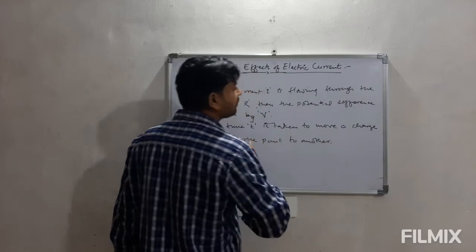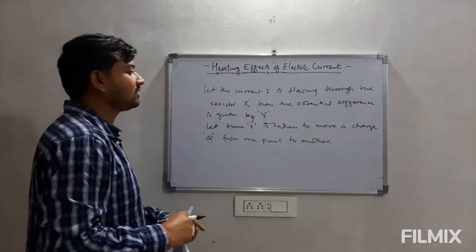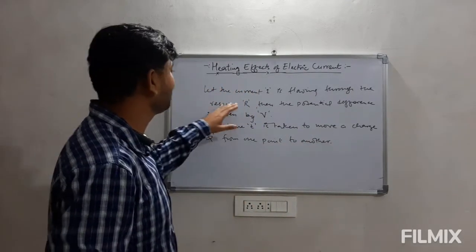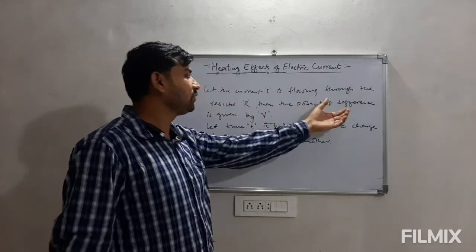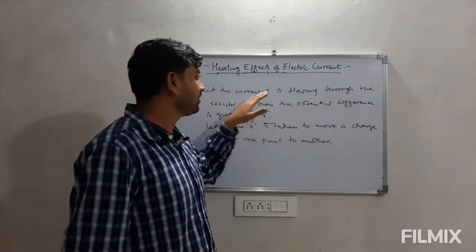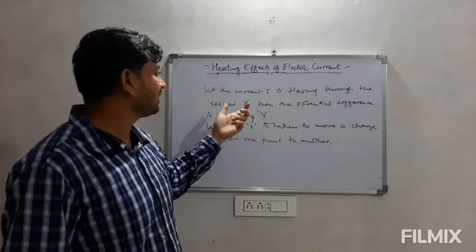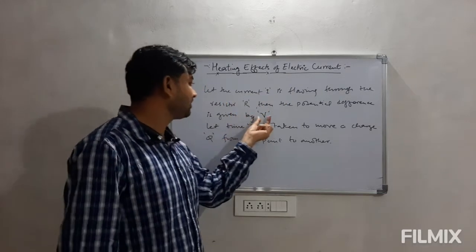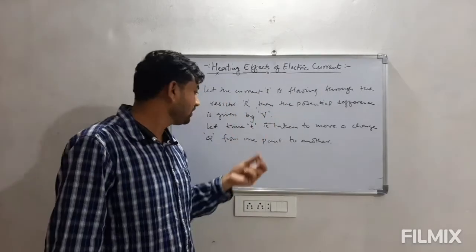Let us assume that the current I is flowing through the resistor R, and the potential difference is V, meaning the conductor is connected at a potential difference of V.